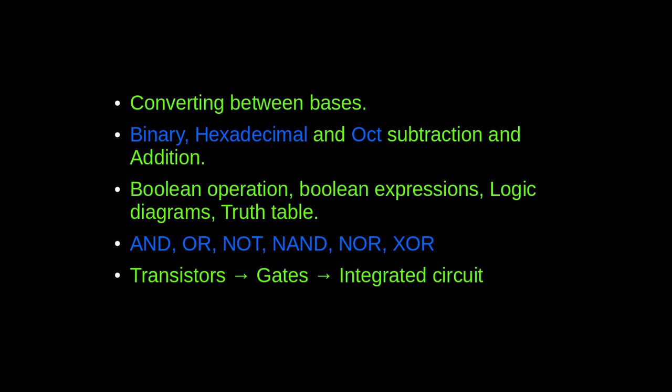What do I mean by a circuit? An integrated circuit that implements any function. A CPU, a GPU, a calculator, all those are integrated circuits. They're built using gates. We only have 6 gates, and with them we can build any integrated circuit.